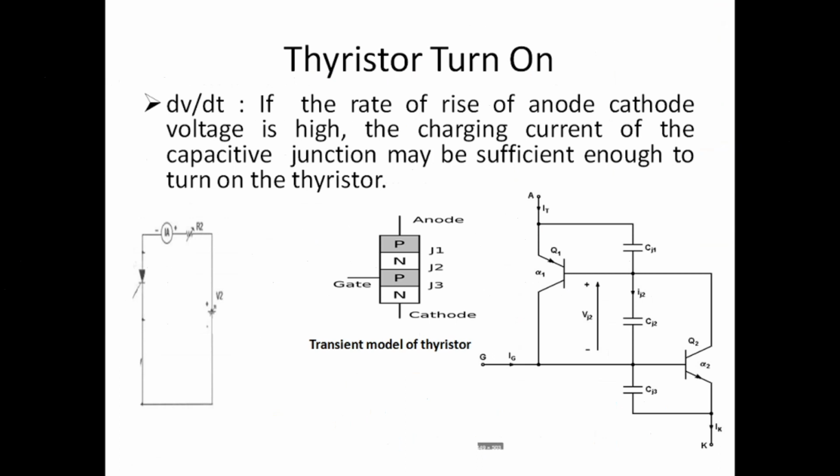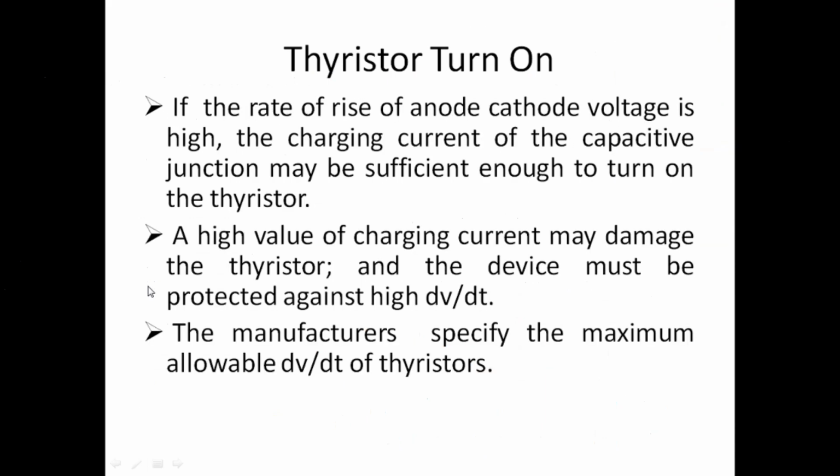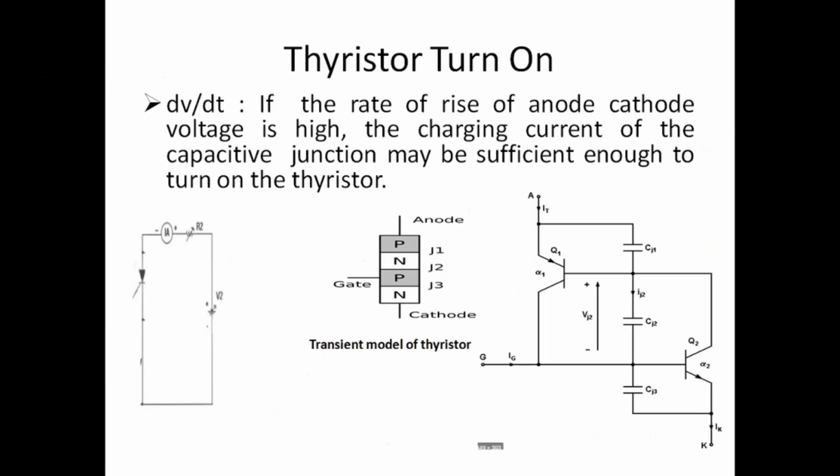If you apply a DC voltage, what is the variation, what is dV by dt then?